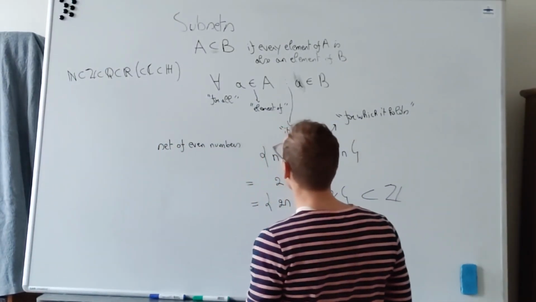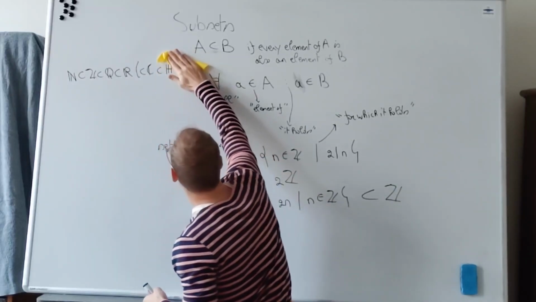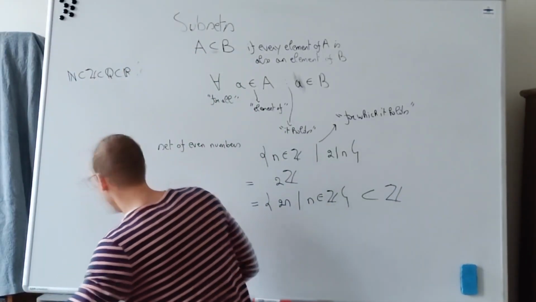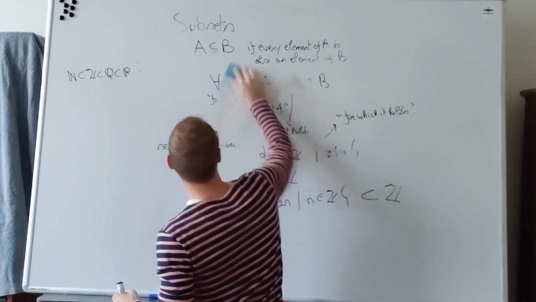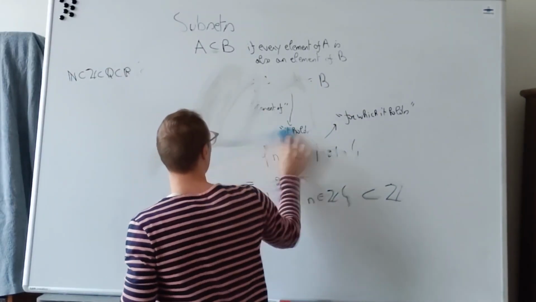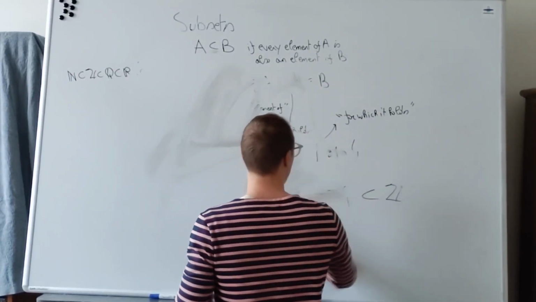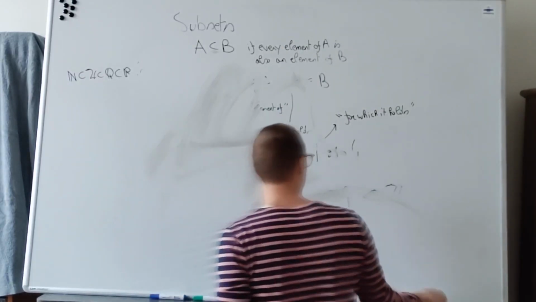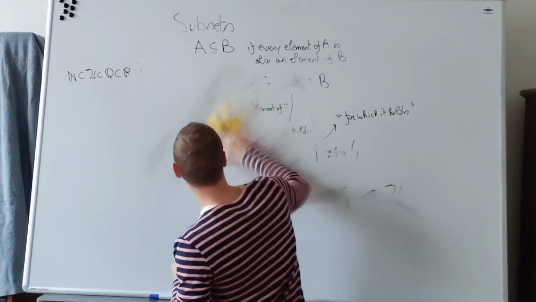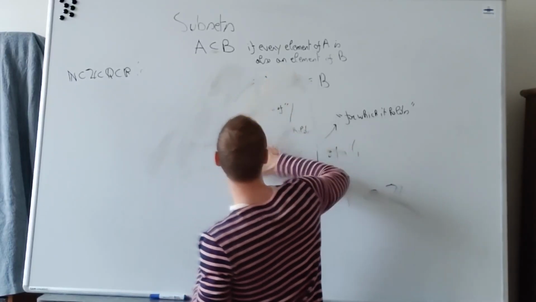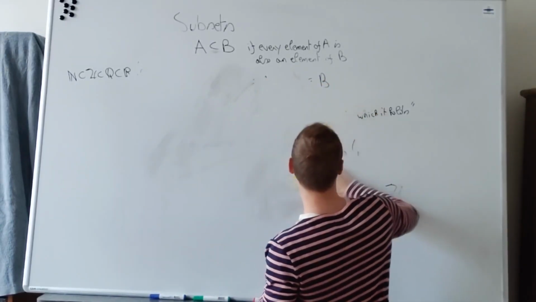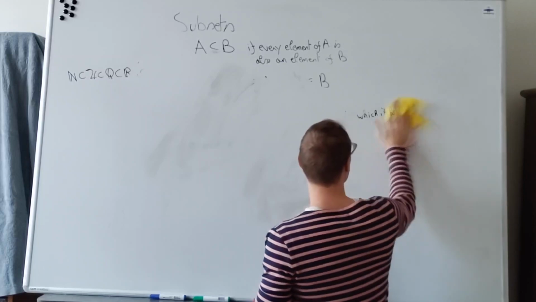And now let me give some more space, wipe this out. Cool. Because I've told you we're often going to work with the real numbers, so let us look at some subsets of real numbers.